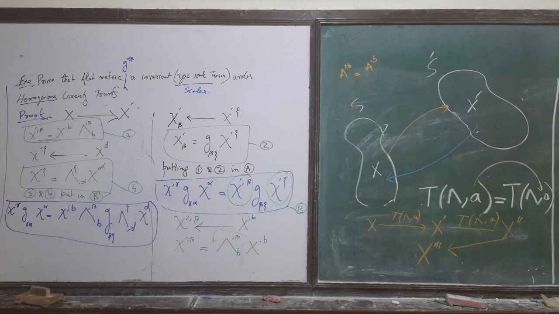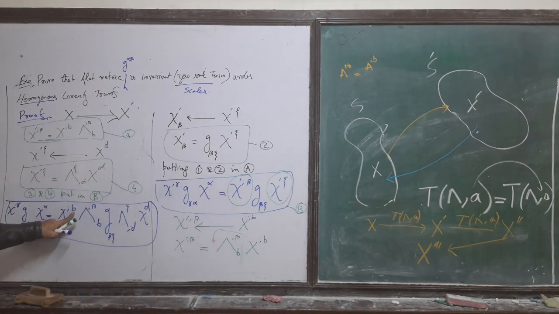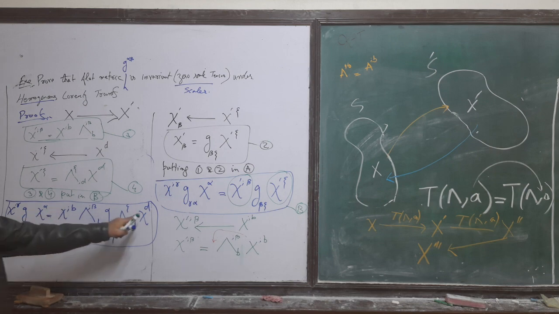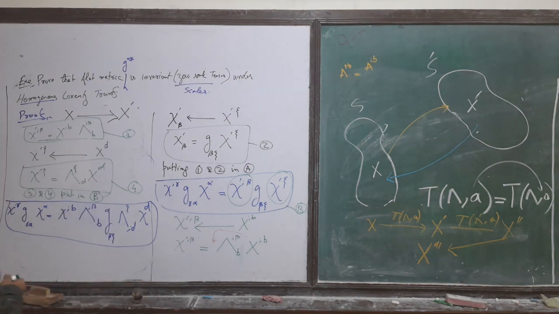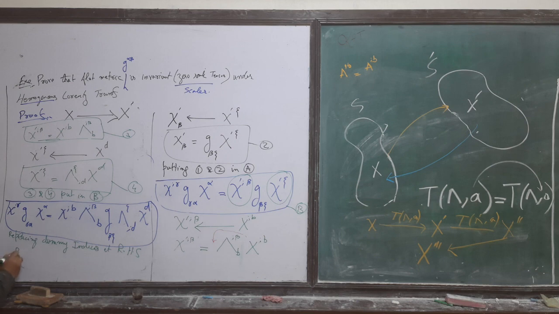What we can do is replace B with gamma, and D with alpha, replacing the dummy indices on the right-hand side.